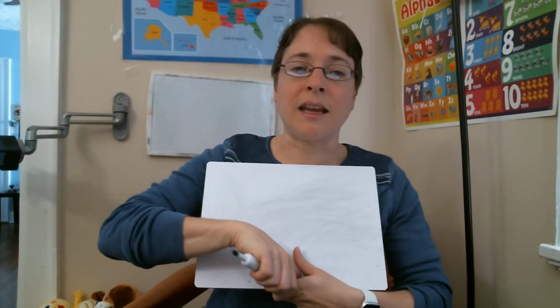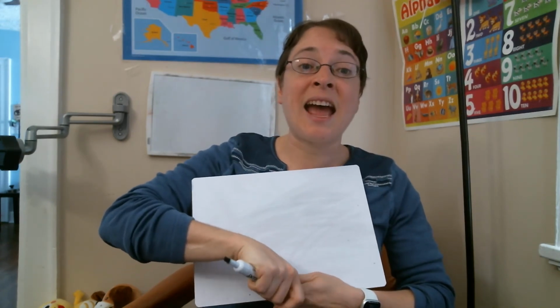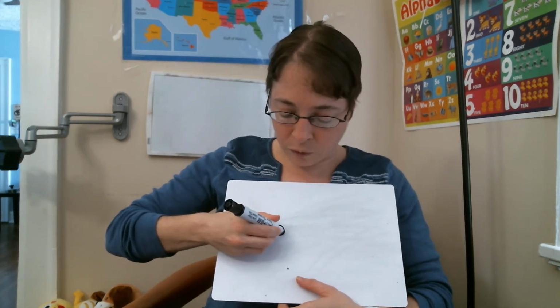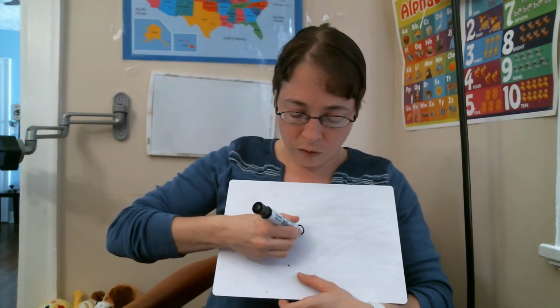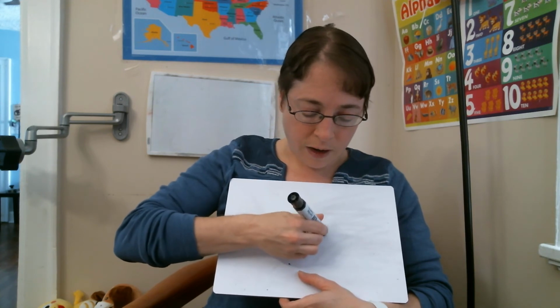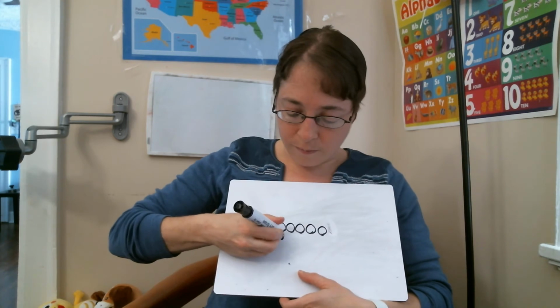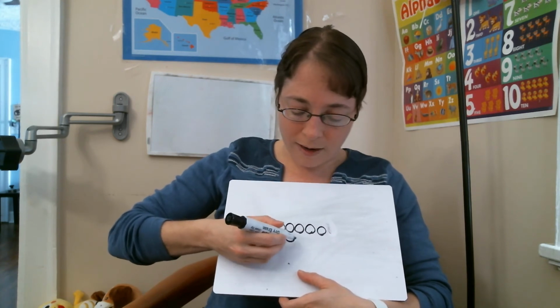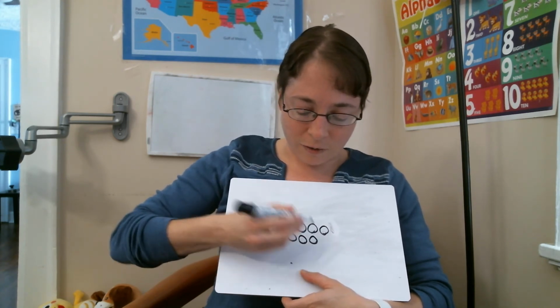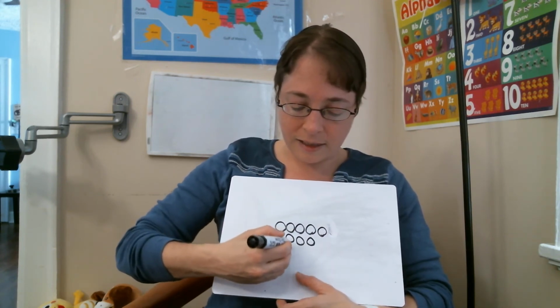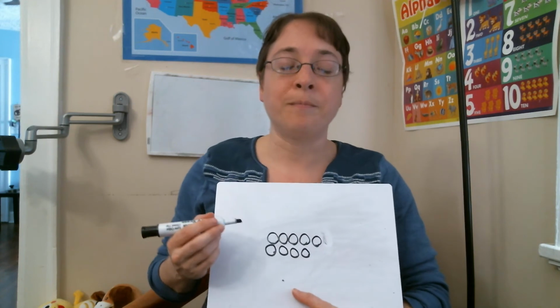So, Callie had 9 apples. So let's draw our 9 apples. I'm trying to make it the 5 group way. There we go. So we have 1, 2, 3, 4, 5, 6, 7, 8, 9.